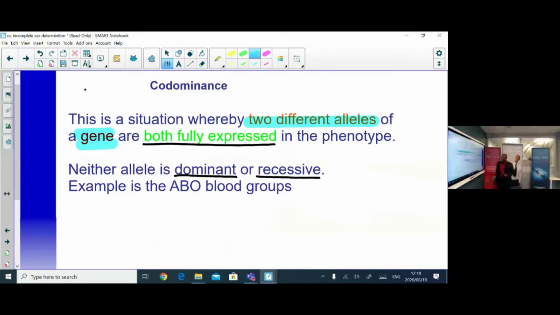The typical example is the blood group. Our blood groups as humans show at times the codominant nature of the gene that controls them.